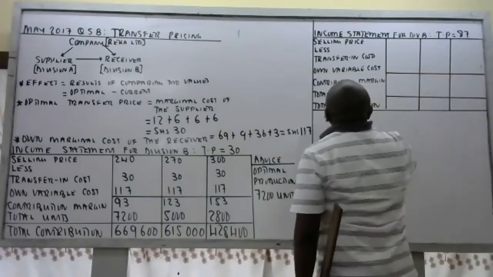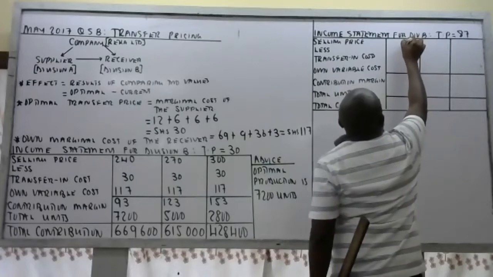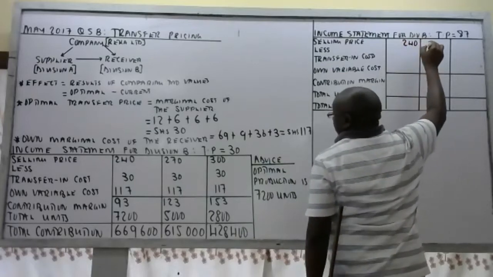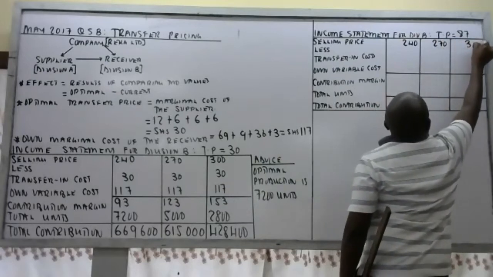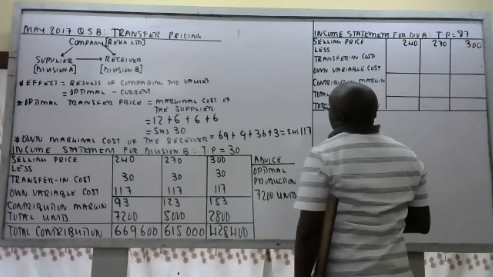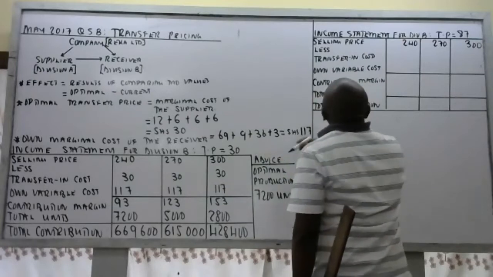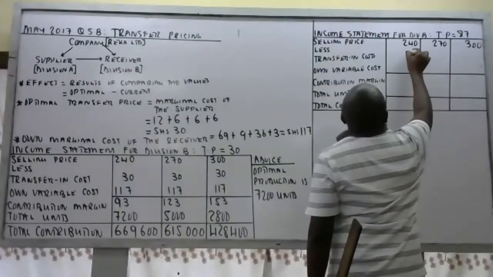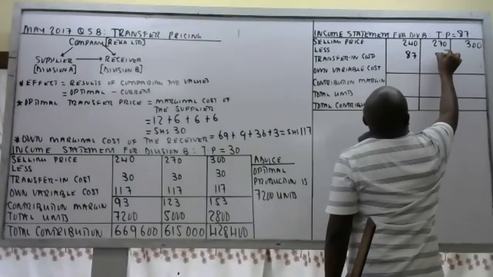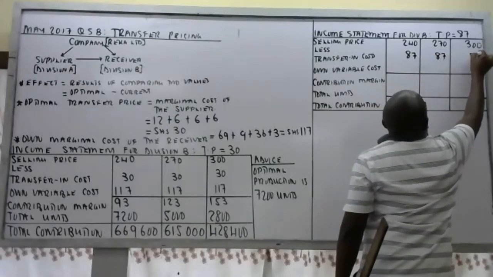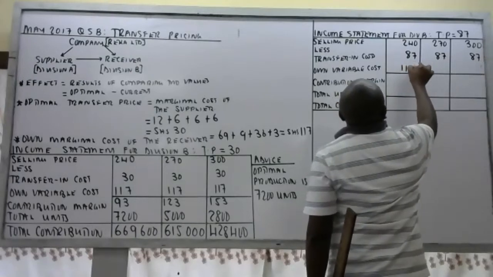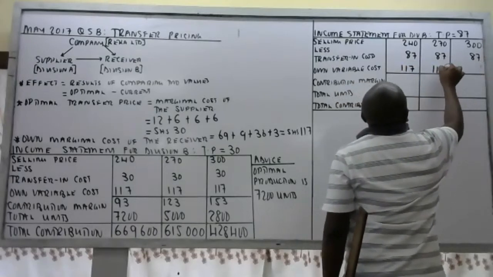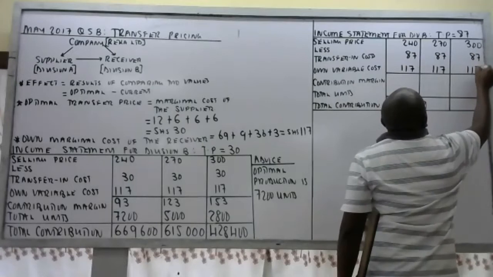So the selling prices are 240, 270, and 300. Transferring cost is the transfer price, which is now 87. And the own cost remains 117.